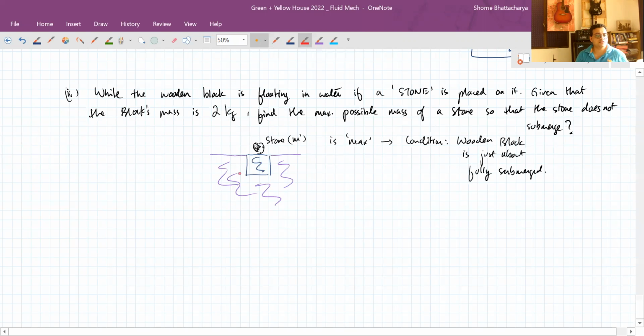So now you can see that you can just take it as a combined free body diagram. So the combined weight has to be balanced by the buoyant force.